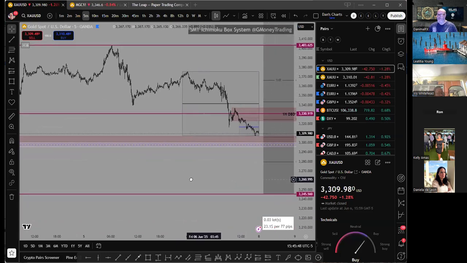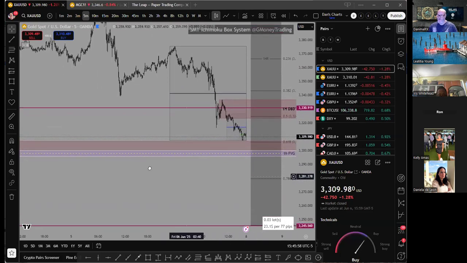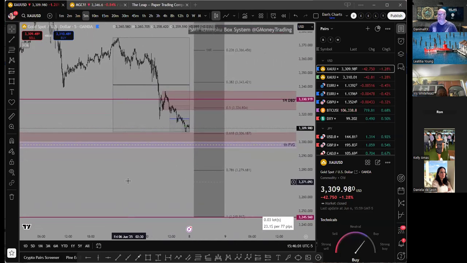And isn't it interesting? Look at where the bottom of the 204 on the 5 minute chart is, right in that pink spacer, perfectly positioned at the 618. So will it come back and test the 786? We don't know. The 618 is totally a big level of support.